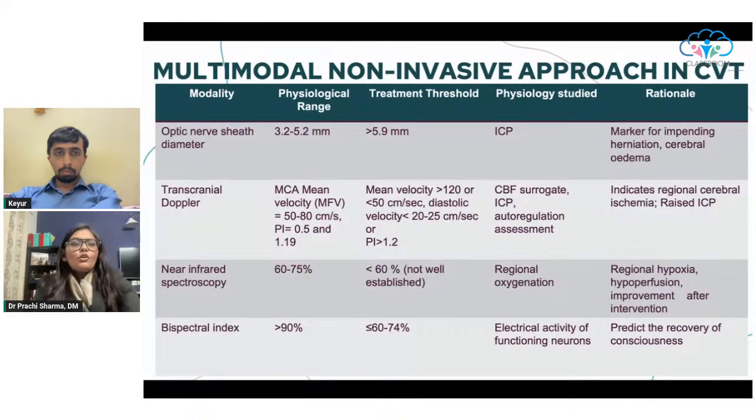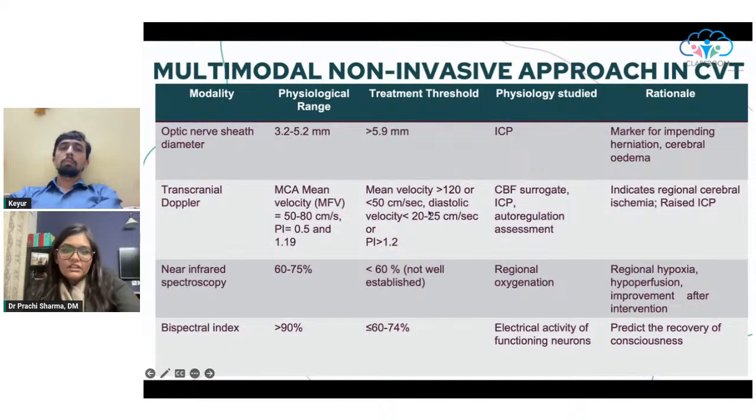So overall, in the neurocritical care setup, if we are not using invasive approaches in CVT, which may be difficult because of the anticoagulation, a multimodal non-invasive approach can at least be used, where we can combine non-invasive measurement of ICP with ONSD and transcranial Doppler-derived changes in diastolic velocity or pulsatility index, and TCD-derived assessment of autoregulation.